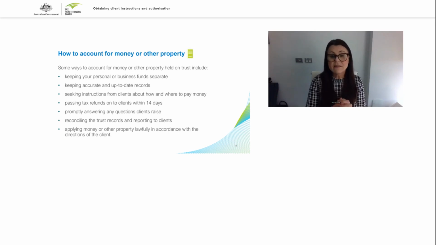Passing on tax refunds to clients within 14 days unless there are exceptional circumstances or, as I mentioned earlier, some other agreement between you and your client to the contrary. Promptly answering any questions clients raise about money or other property held on trust.